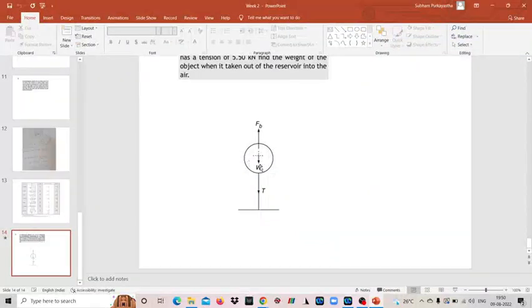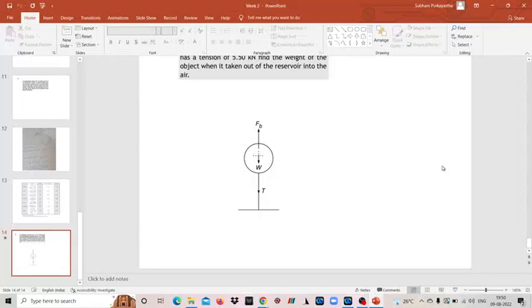Then what about this weight? So it will be acting downwards. I'm just asking that the force of buoyancy is acting in the upward direction, and you're telling that it is balanced by the tension.